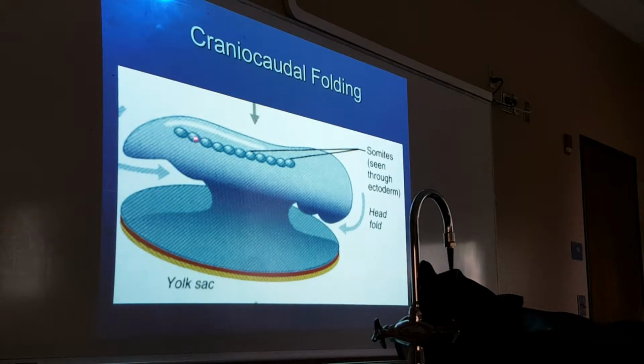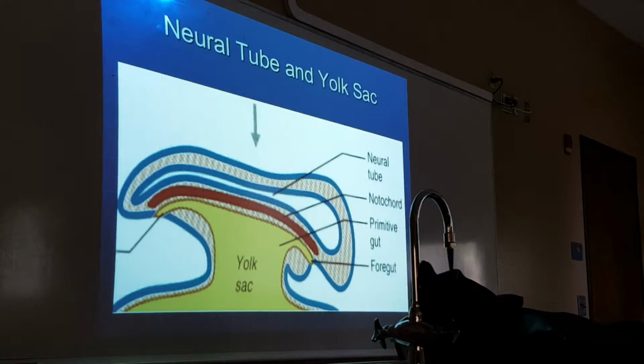And there you can see those somites and the craniocaudal folding, the head and the tail starting to take shape. Okay. Same sort of schematic with this neural tube, which will give rise to the brain and spinal cord, and the yolk sac is all the time becoming smaller.